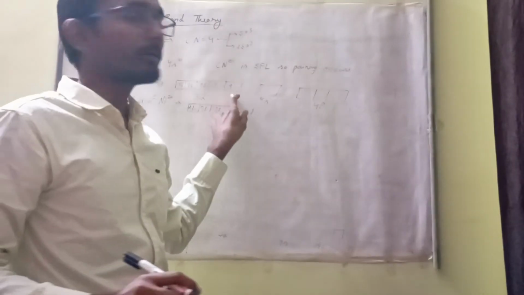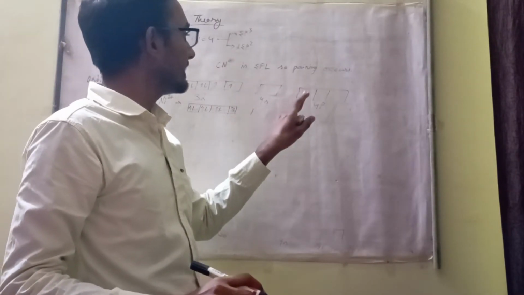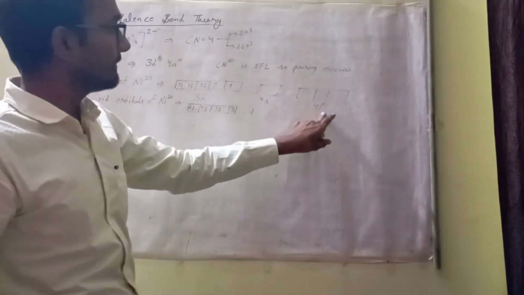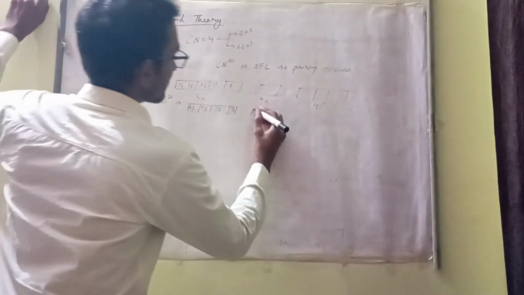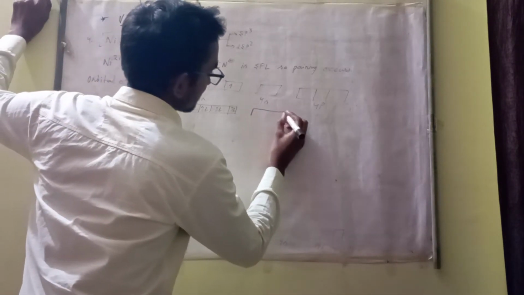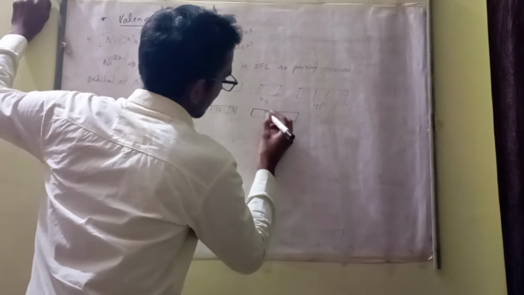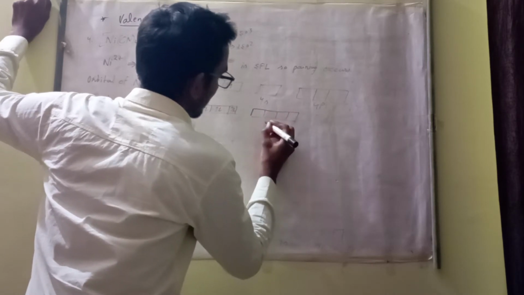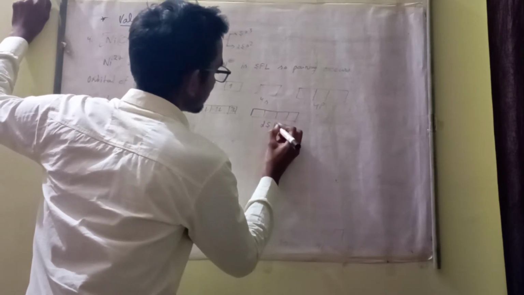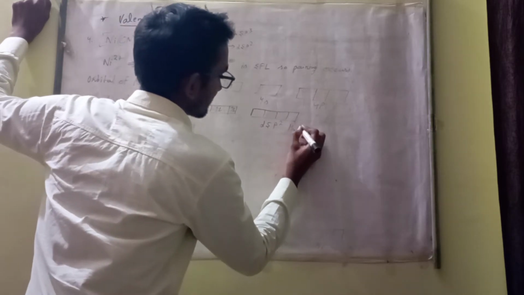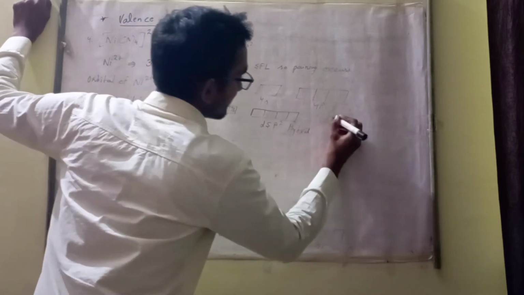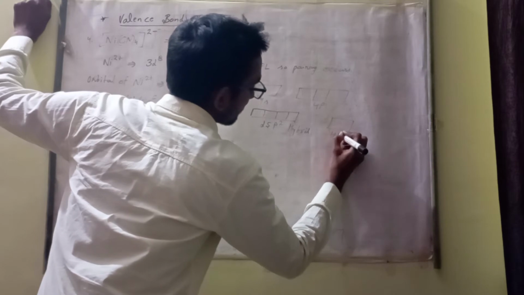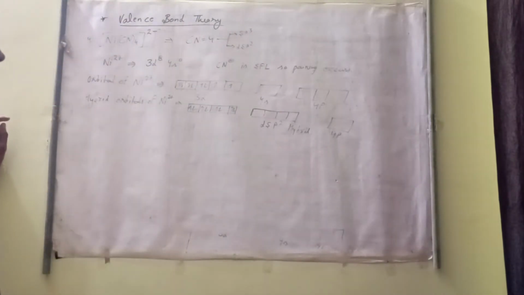Then one of the d orbitals, one of the s orbitals and two of the p orbitals are involved in hybridization. It is dsp2 hybrid, and one of the p orbitals remains as it is.